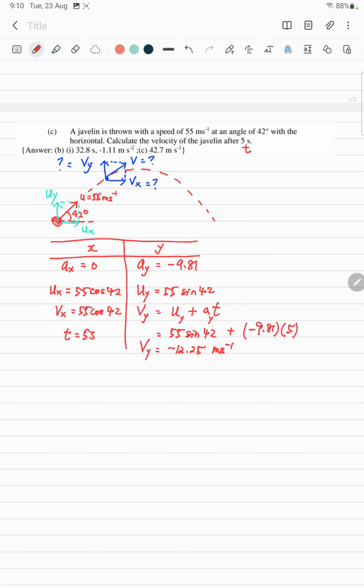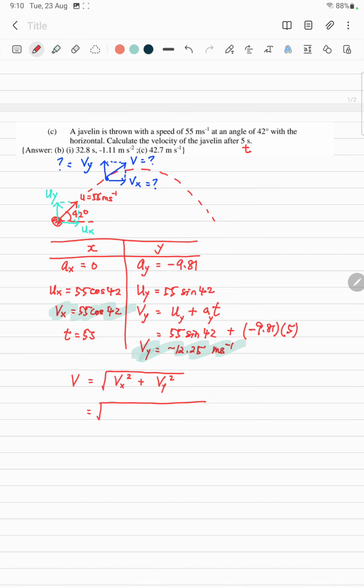Okay, so once we already obtain the Vx and also the Vy, then we can combine it using the theorem Pythagoras to find the resultant velocity at time 5 seconds. So square root of the horizontal component squared plus the vertical component squared. So we have 55 cos 42.